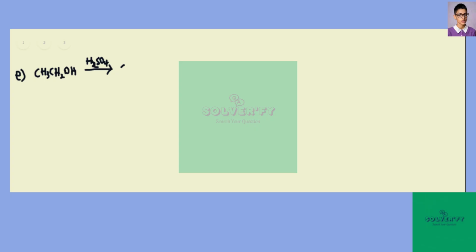And that is going to get us to ethene. And we can now epoxidize that with MCPBA. And that is going to get us this oxirane. There we go.